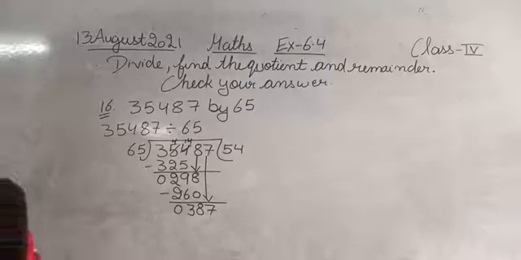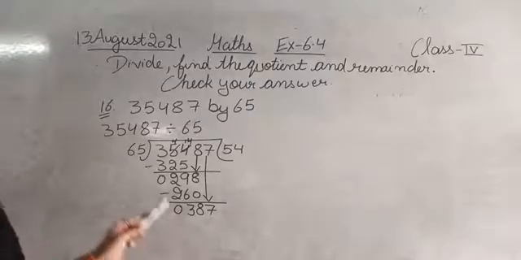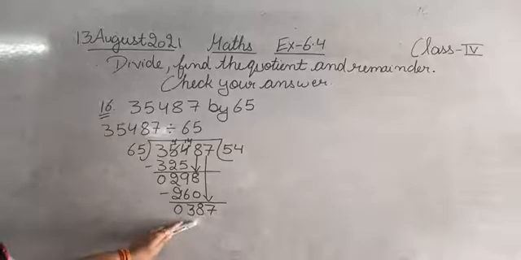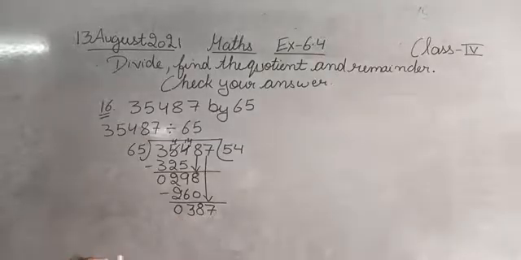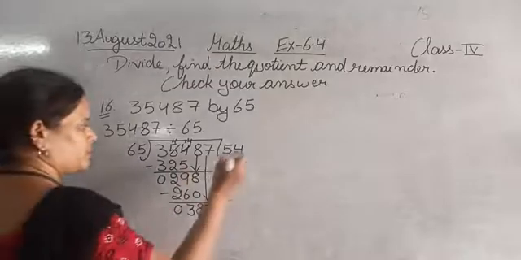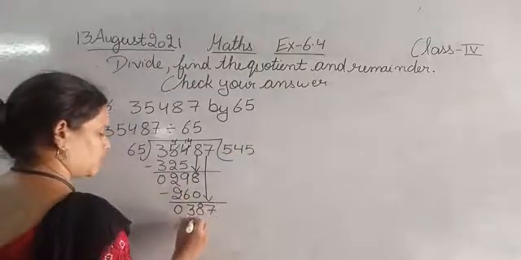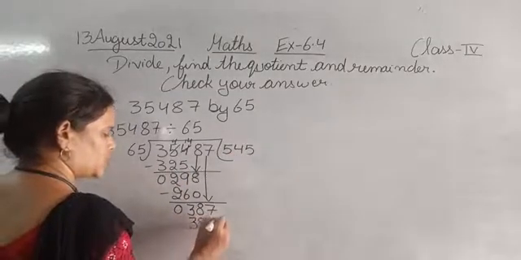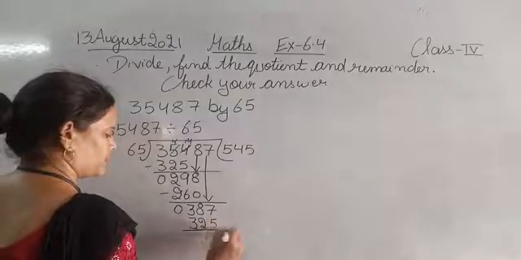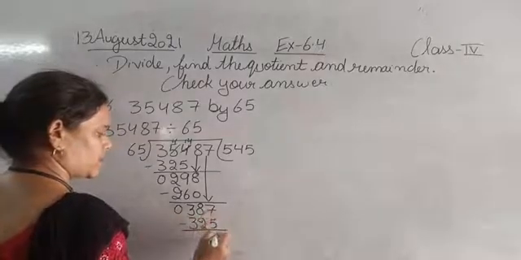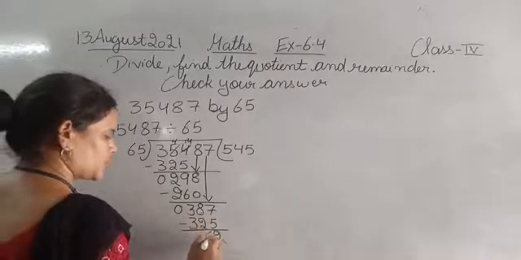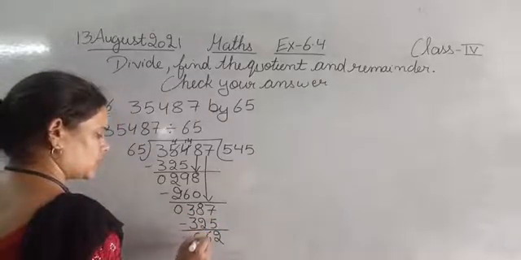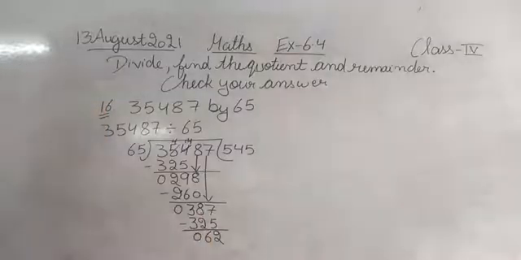387. And now again we have to read the table of 65 where you will get 387 or less than 387. So that can be 65 fives are 325. 7 minus 5, 2. 8 minus 2, 6. 3 minus 3, 0.